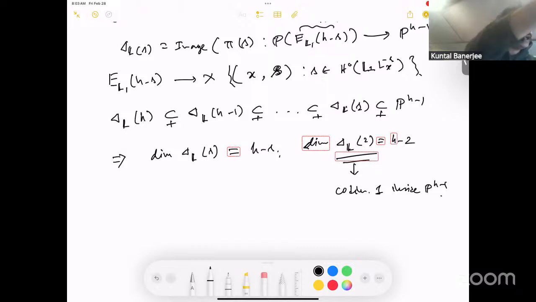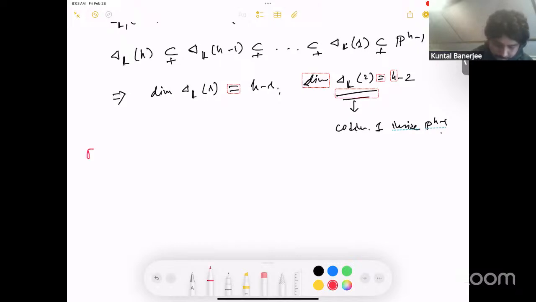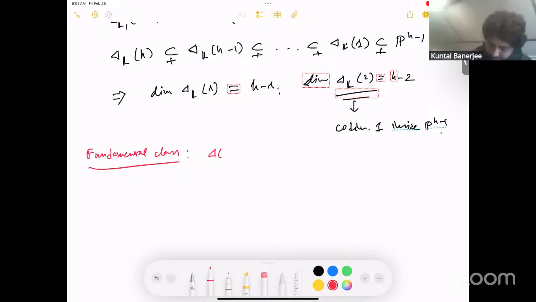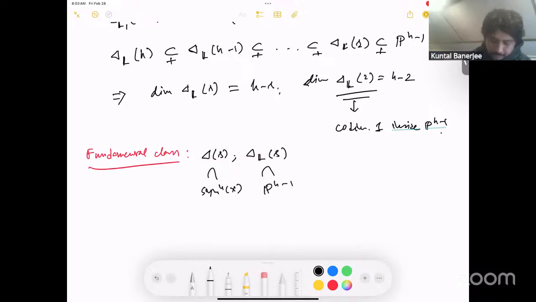And then I also had some information about their fundamental class. If Marina allows me just 2-3 minutes, then I can. Of course. So this delta S and this delta LS are subvarieties in the symmetric power of X and the projective space of dimension h minus 1, right?